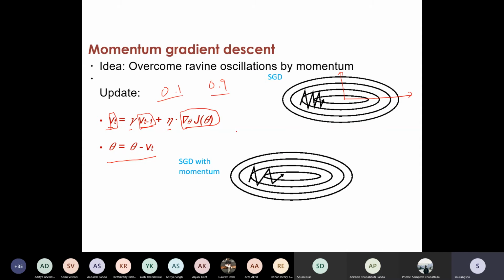So when you take these past updates, the oscillation on the Y direction will actually cancel each other out. One time it will be positive, another time it will be negative. But on the X direction, it will keep on accumulating. So it will accelerate the learning in the X direction, whereas it will dampen the learning in the Y direction. This is the idea behind momentum.